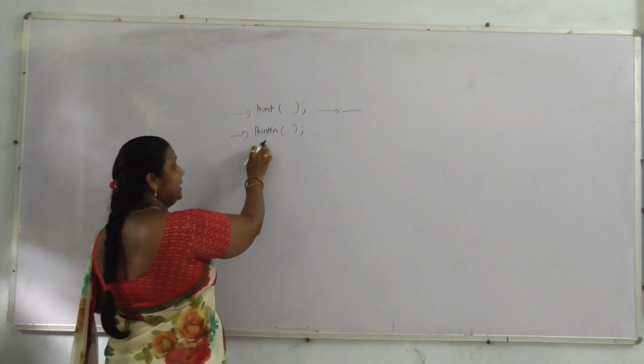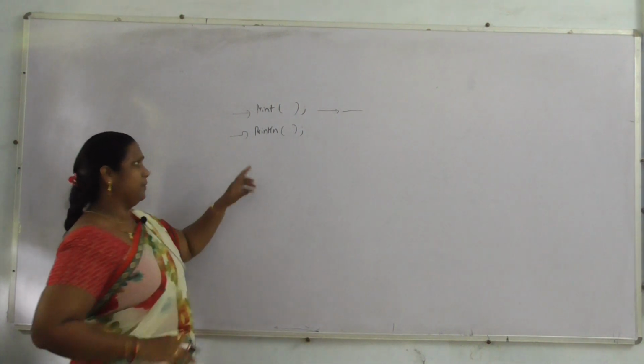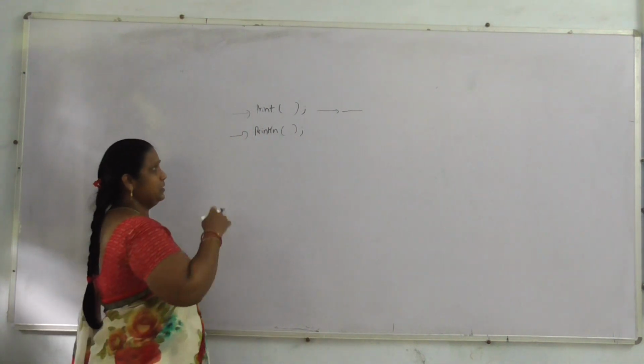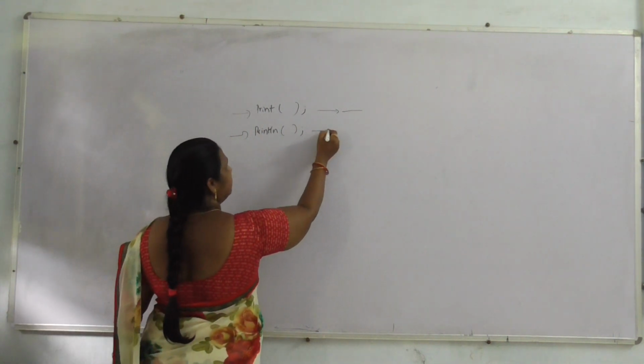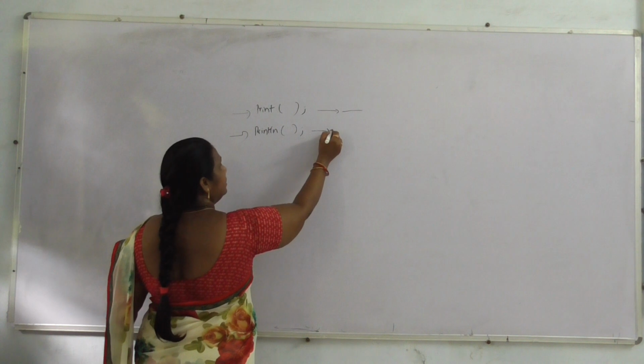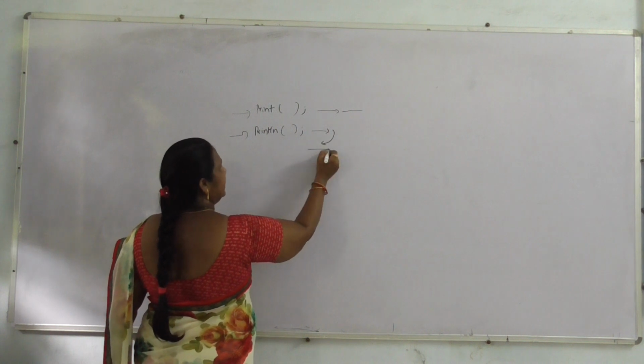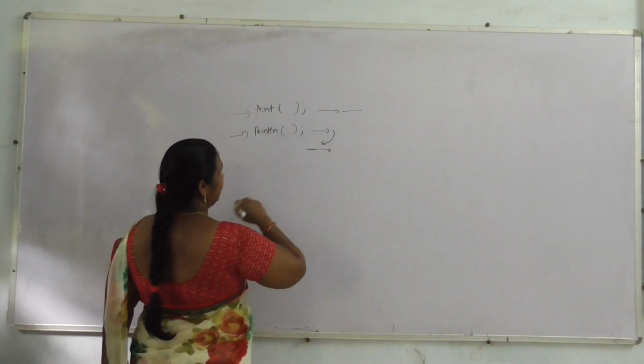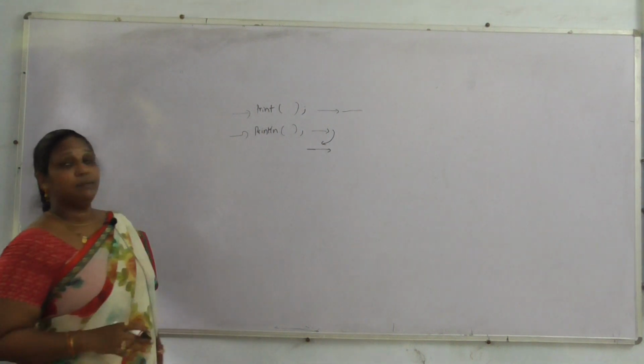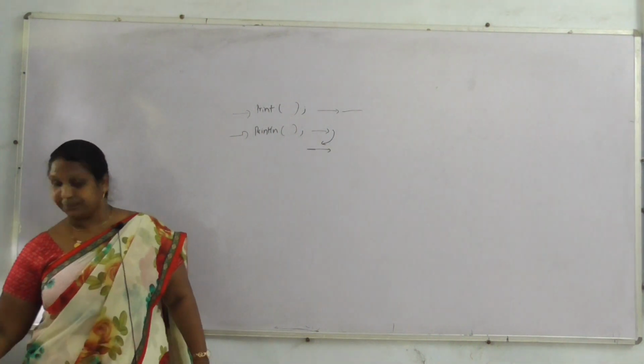But in the println method, we print the statement and the controller comes to the next line and waits there. That is the difference between print and println.